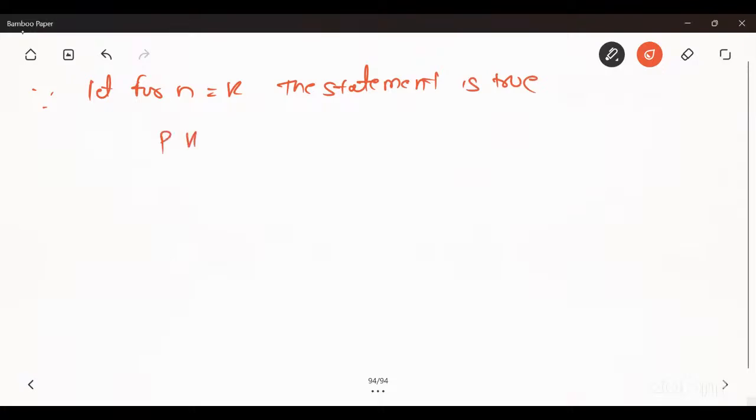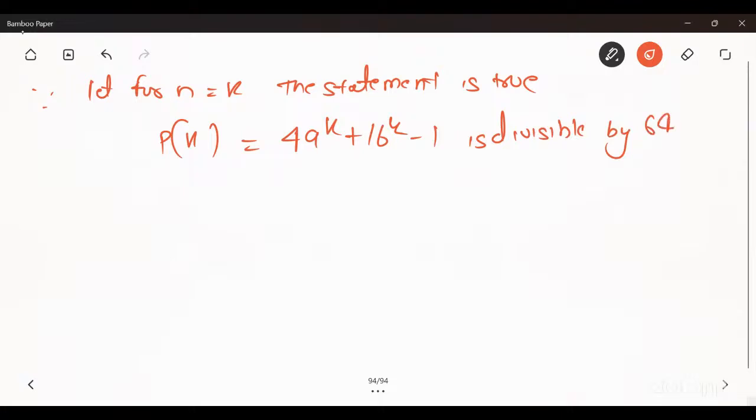So Pk equal to 49 to the power k plus 16 to the power k minus 1 is divisible by 64. Divisible by 64 means we have to take 49 to the power k plus 16 to the power k minus 1 equal to 64 into t. Okay, that is your equation first.